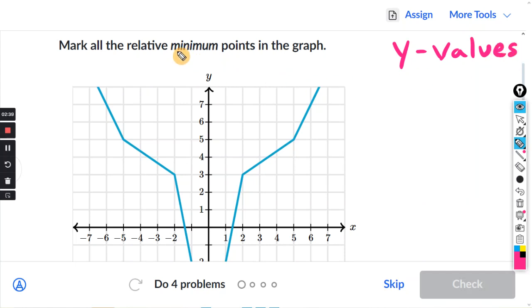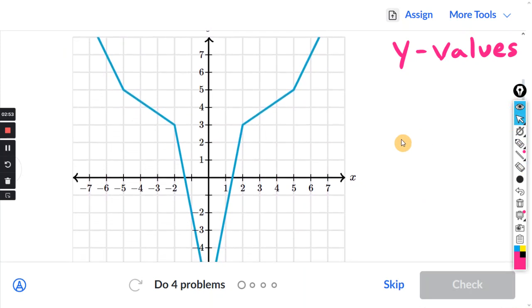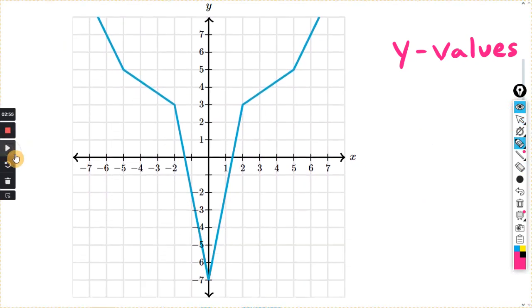A relative minimum is going to be the lowest point relative to the other points. Remember, we said in the notes that for relative minimum, it goes from decreasing to increasing. That point has to be surrounded by points that are higher than it.